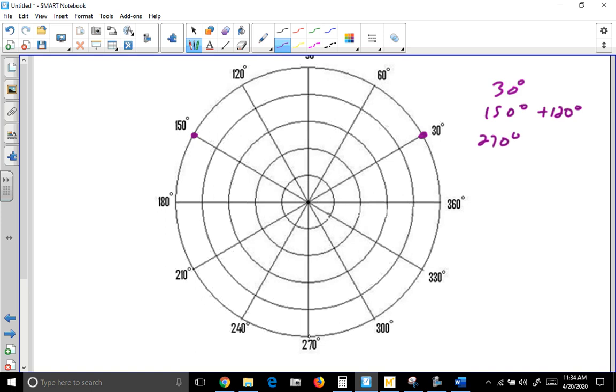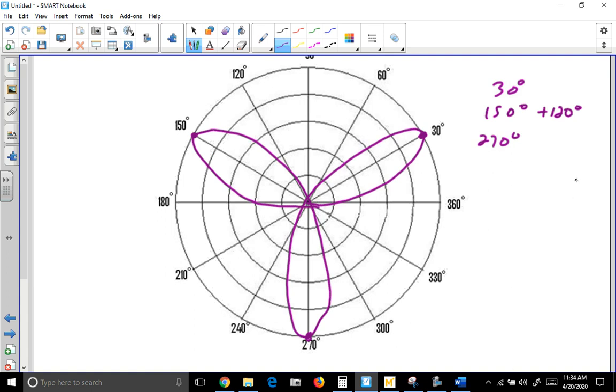That's the tip of the next one. So there are 3 tips, 120 degrees apart with a radius of 5. So if we sketch these, we end up with something kind of like this. So there's our 3-tip rose, radius of 5 for sine.